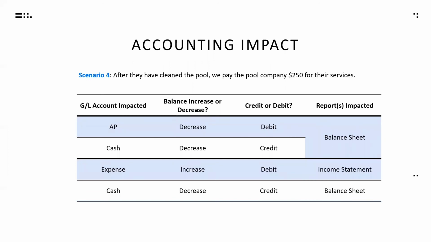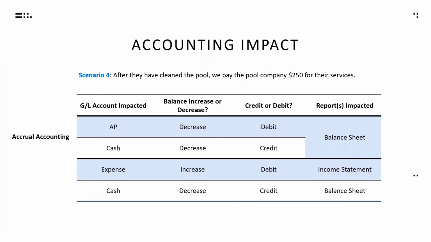Our last scenario is after they have cleaned the pool, we pay the pool company $250 for their services. On the accrual side, the two accounts that are impacted are the accounts payable as well as your cash account. Both of these accounts will be decreasing.